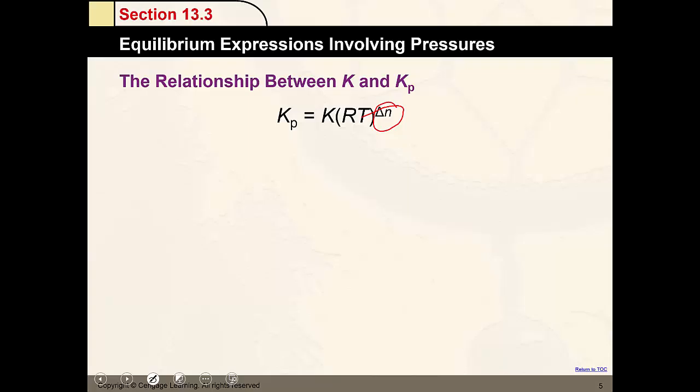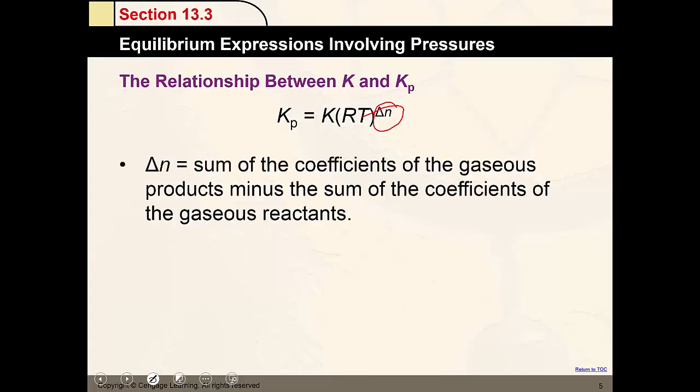So that delta n, the change in the number of moles, represents the sum of the coefficients of the gaseous products minus the sum of the coefficients of the gaseous reactants. So keep in mind it's products minus reactants, not reactants minus products. So if that's different, that means the values of Kp and K, or Kc, will be different.